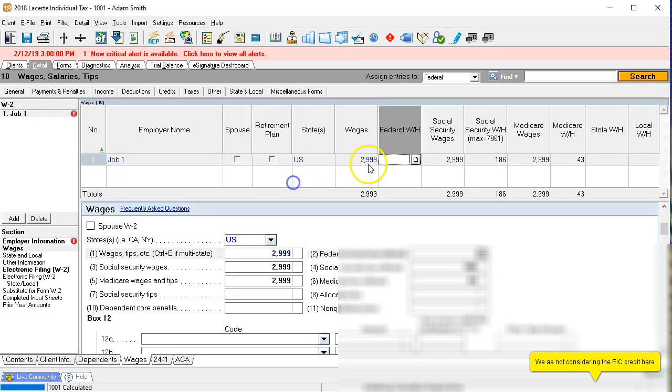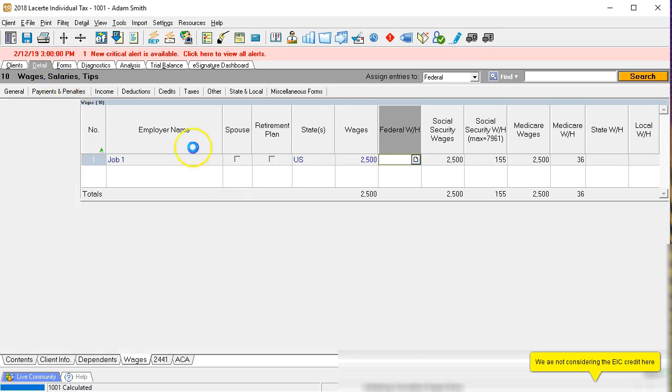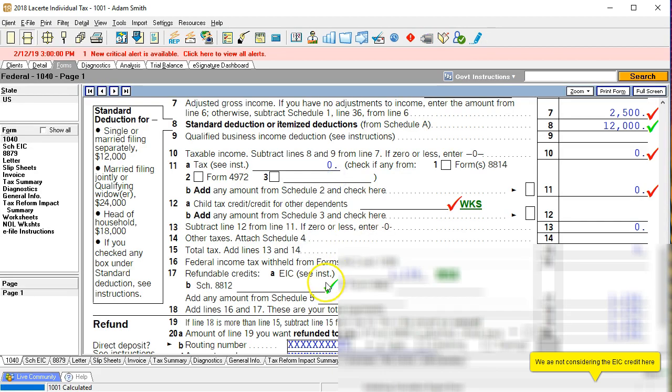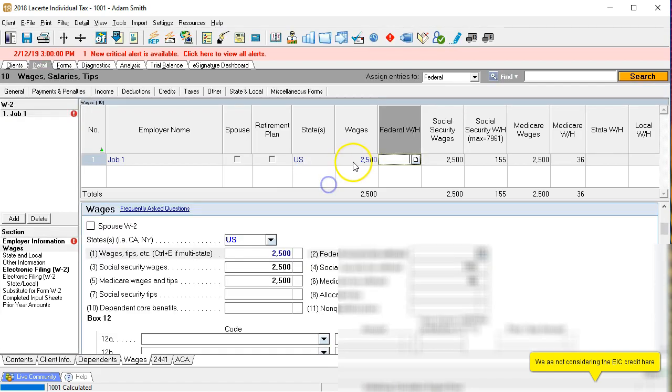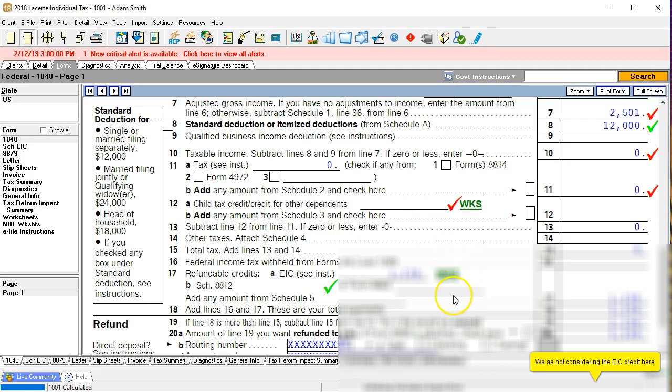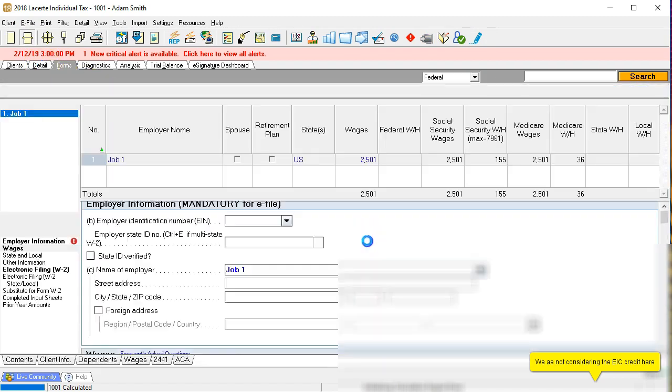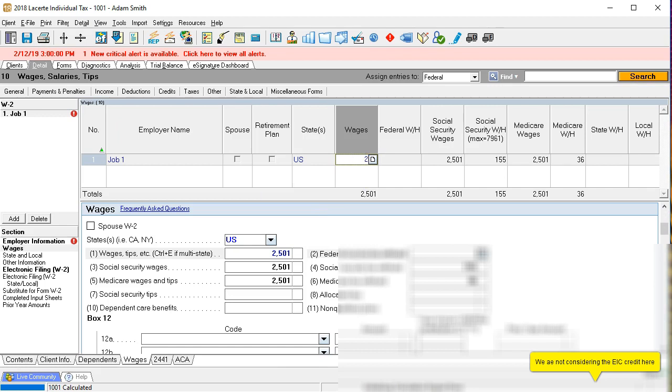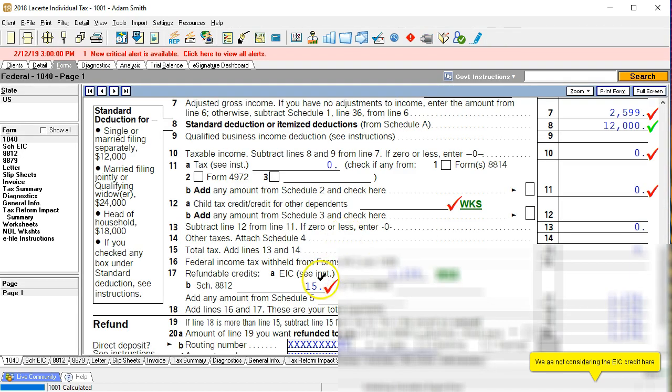And then I think it goes down to 2,500, actually. That's the cap, and then it goes to 0. So let's go to 2,501. We go to 2,501, then we don't have anything. But if we go to 2,599, then we get $15.